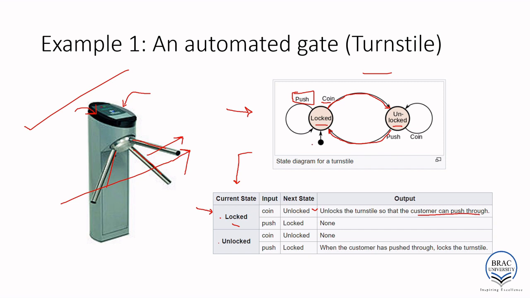But if we are in the locked state and we see a push, someone is trying to go through our turnstile without putting in a coin. So we do not let that person in. Our next state will be locked and nothing is output. So it stays in the locked state until we see another coin.